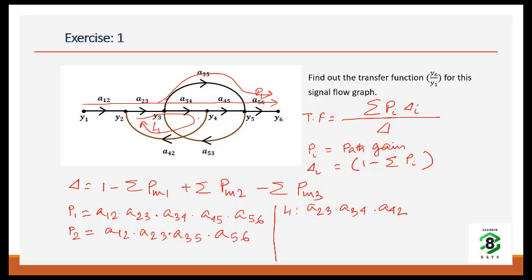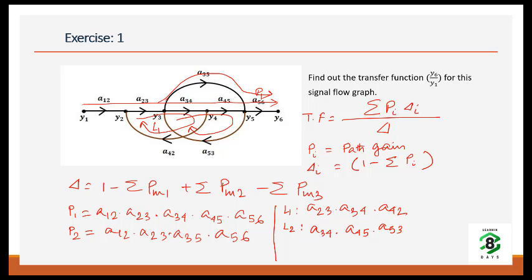Coming to loop 2, it starts from y3 through y4, y5 and y3. Okay, so this is L2: a34, a45 and a53.